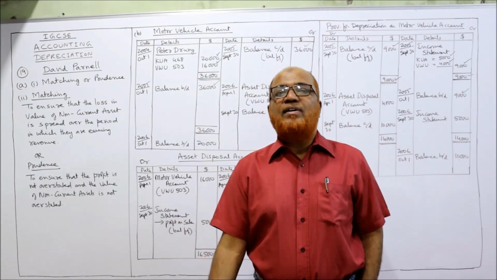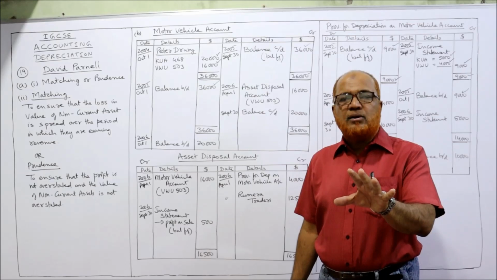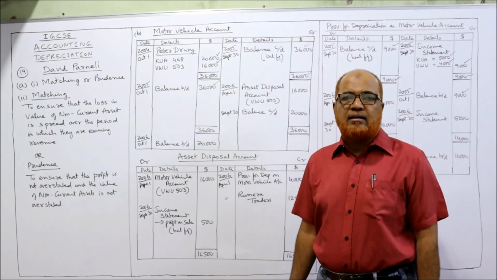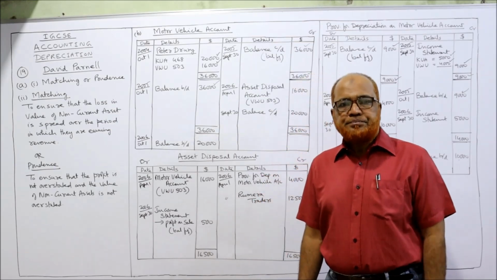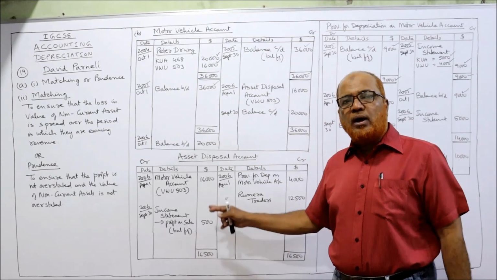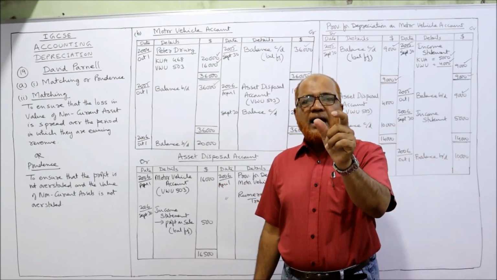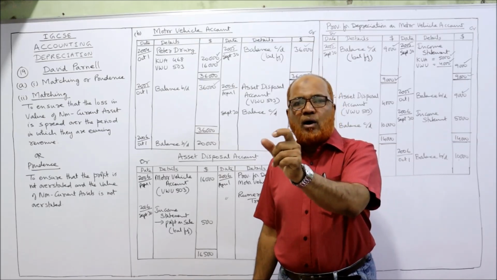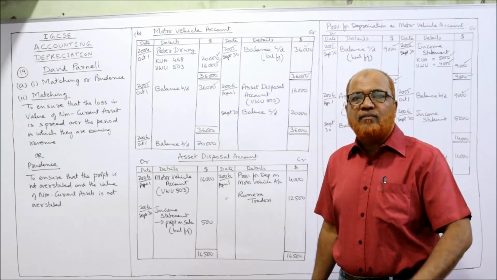So what is the date? 1st April 2006. Now on 1st April 2006, we have to pass the entries on sale of motor vehicle. First, the transfer of motor vehicle to a new account called asset disposal account. The entry will be asset disposal account debit, motor vehicle credit. Which motor vehicle?